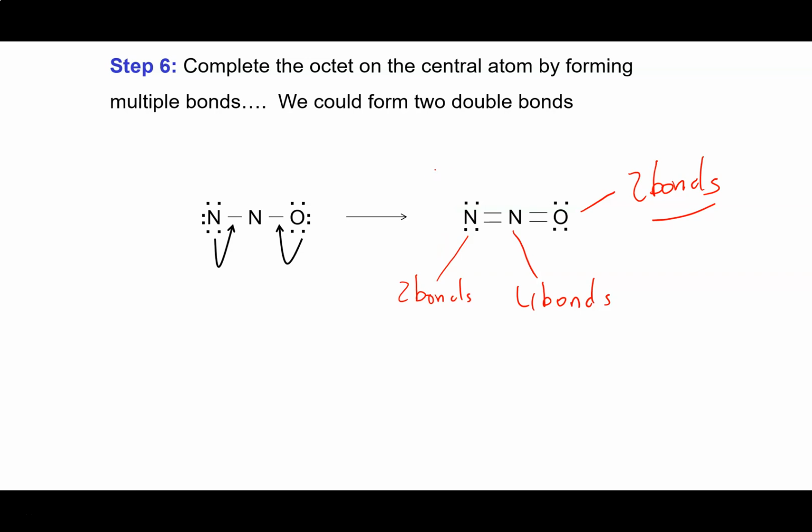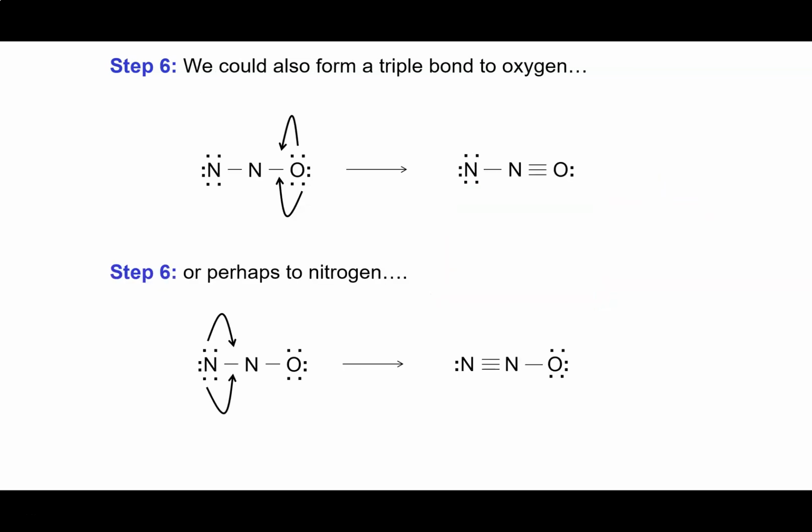So maybe there's a better way of doing it. The other thing we could do is bring all 4 of the electrons in from the oxygen end. But then this one would have 1 bond, this one would have 4 bonds, and this one would have 3 bonds, and none of them would be happy, because nitrogens all want 3 bonds and the oxygen wants 2 bonds.